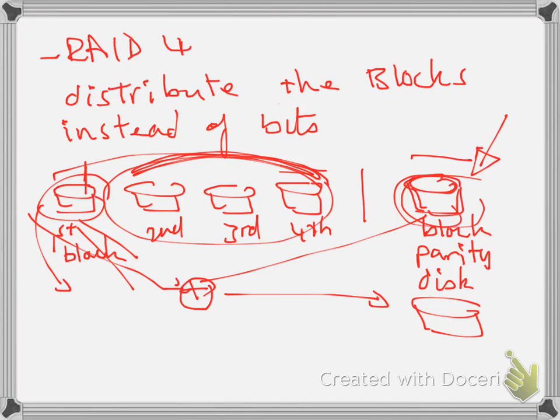So this means that you can't do parallel write and parallel read, because you always have to use that parity disk. And also if this fails, boom, everything fails. Then they said, okay, we will go to RAID 5 where we will distribute the parity. So the parity is not always here, the parity might be here, then the parity might be here, and so on and so forth, as we will see in the slides.